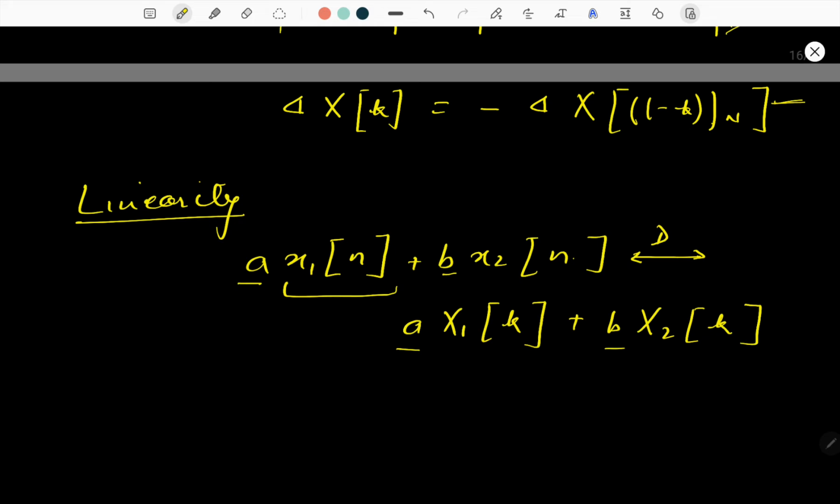You know the discrete Fourier transform of x1 is capital X1(k), and of x2 is simply X2(k). So it follows the concept of linearity.